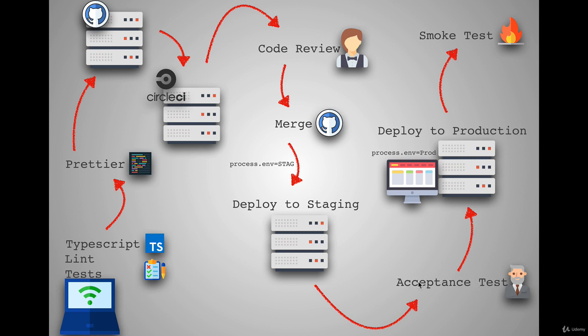And once all of that is passed, then finally we can assume, okay, the code is safe, let's deploy to production with the environmental variable production. And all is well, but we're not done yet. We have something called smoke tests. If you're going to deploy every commit automatically to production, you need to make sure that you have a good way to be alerted if something goes wrong.